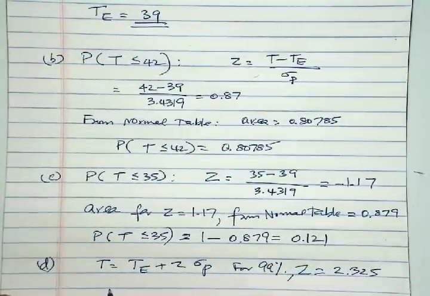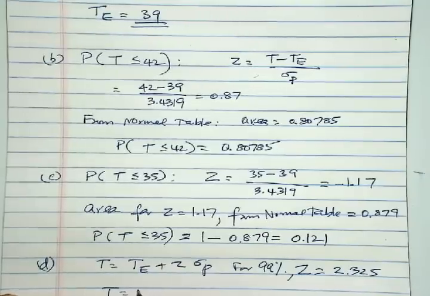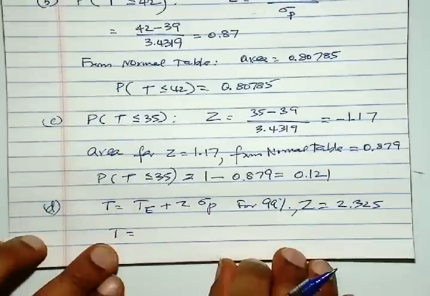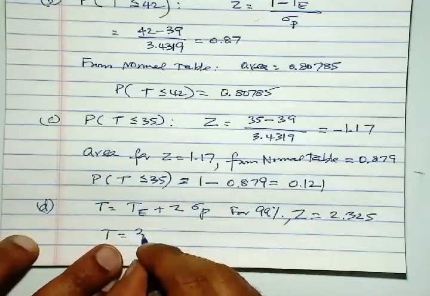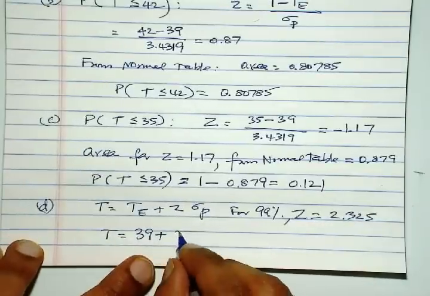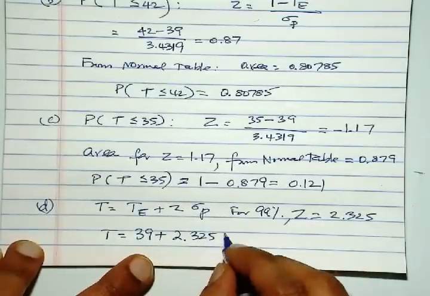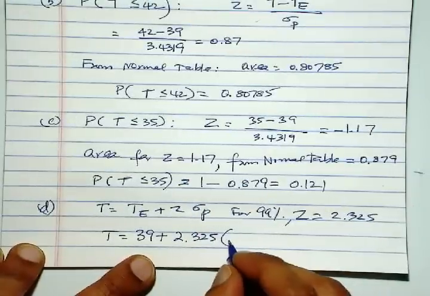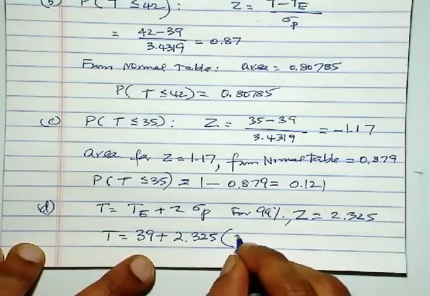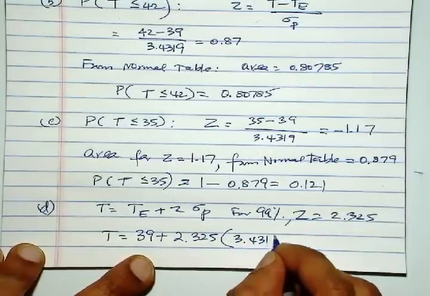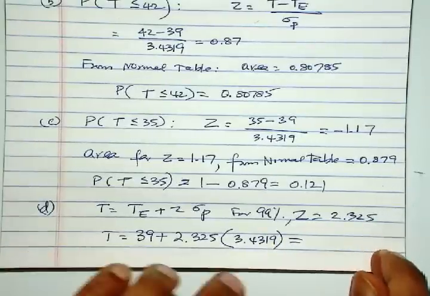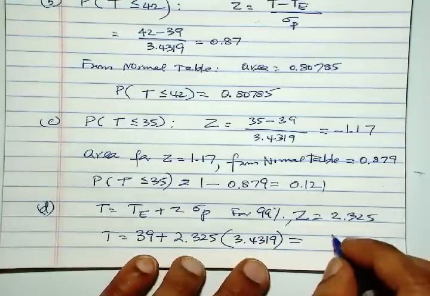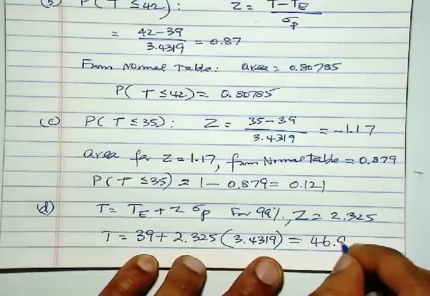So the due date is now 39 plus 2.325 times the standard deviation, which is 3.4319, and that will give you 46.98.